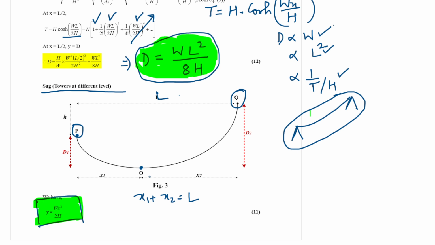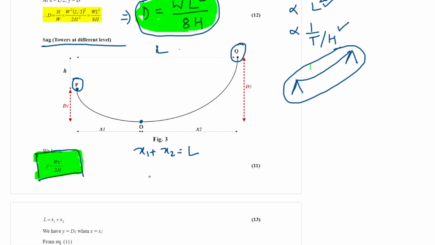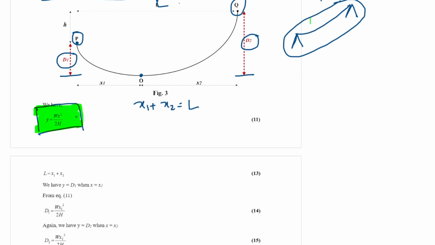So we need to determine what will be x1 and x2. Also from tower P, that is tower 1, the sag is D1, and from tower 2, that is point Q, the sag is D2. We shall see what the relation is. As I mentioned already, x1 plus x2 is equal to L.